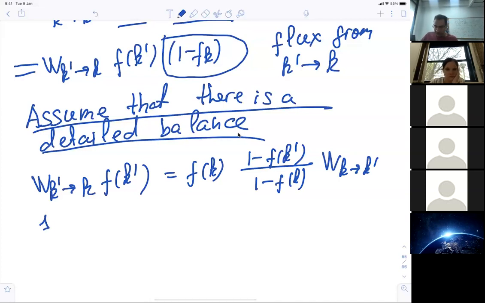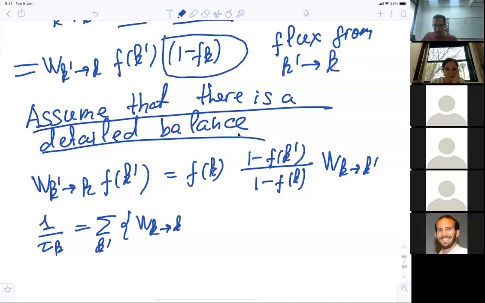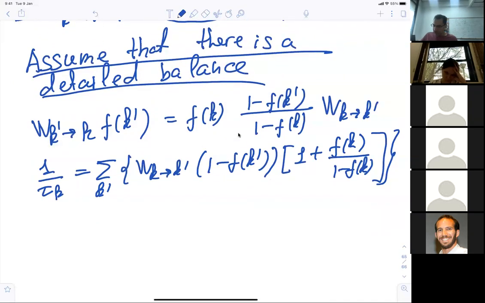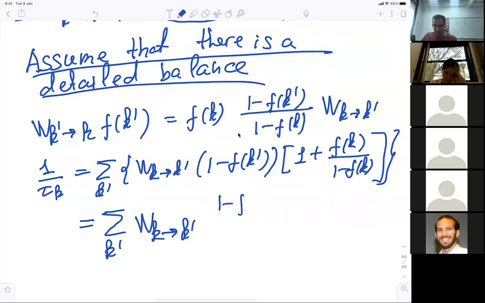My collision integral reads sum over k prime w k to k prime, 1 minus f of k prime, using detailed balance, 1 plus fk, 1 minus fk, and this is equal to sum over k prime w k to k prime, 1 minus f of k prime divided by 1 minus fk.